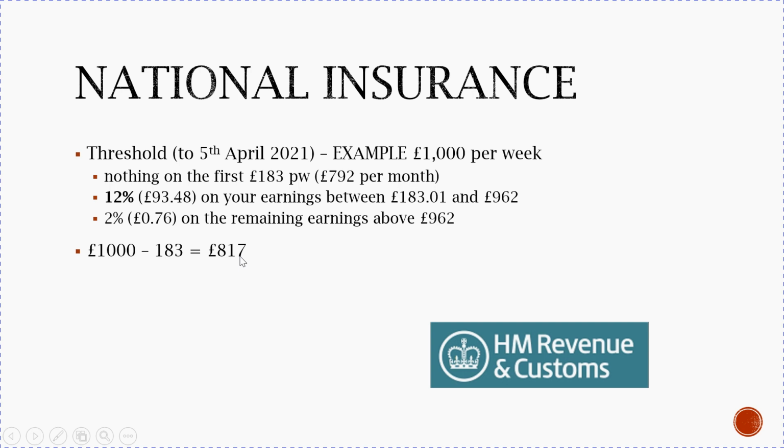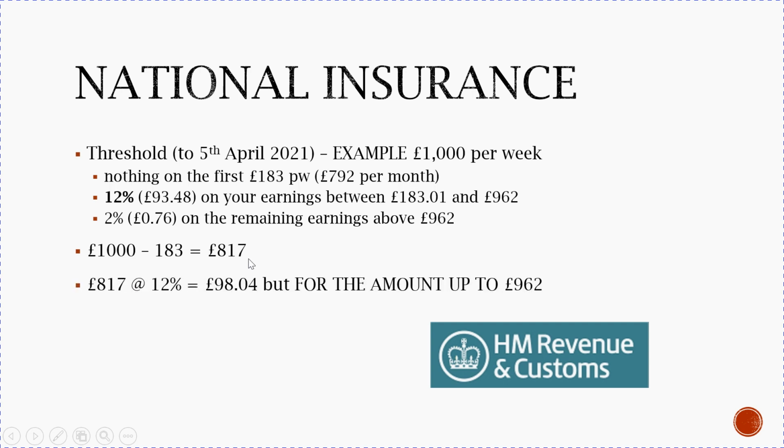as in there's no national insurance applicable, but it would be applicable on the next £817. £817 at 12% is £98.04. However, it's the amount up to £962 in the week.